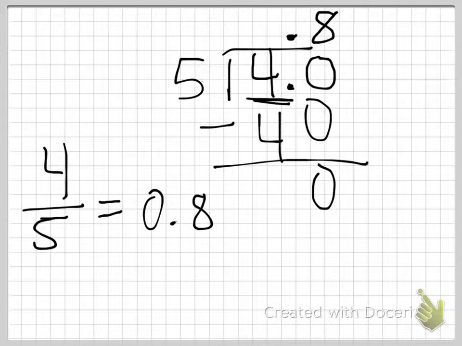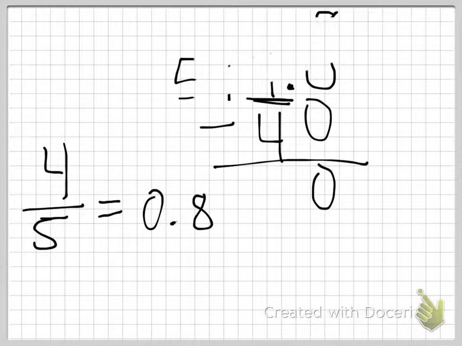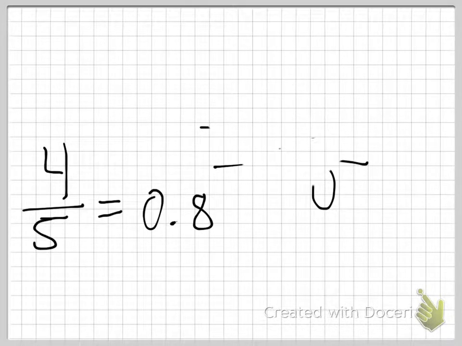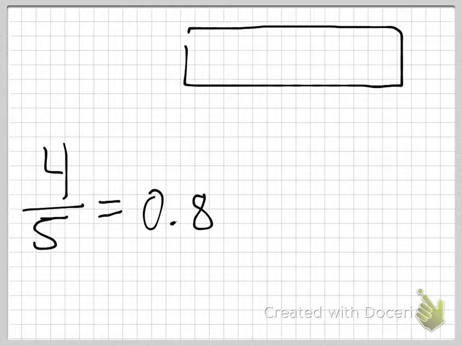Okay, so a lot of the misconceptions that you guys were having is, I'm going to go ahead and erase this. If you would write it as a fraction, 4/5 would be represented by this right here.